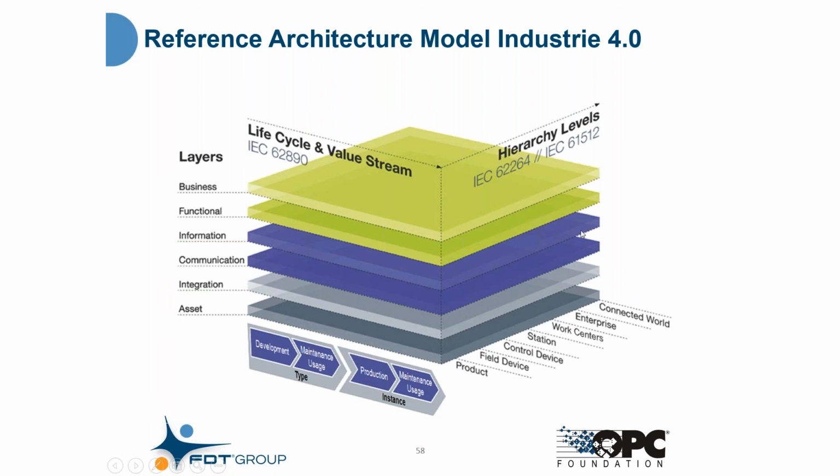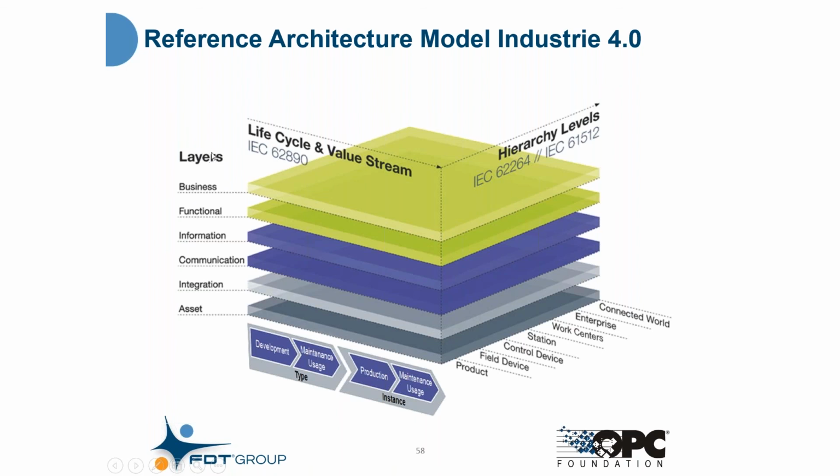That's basically the equipment hierarchy that we have in production systems. This is based on ISA 95, going from product, field device, control device, station, work center, and so on. And the other important axis to remember is the Z-axis. It's called the layers axis, or it could also be called the aspect axis.